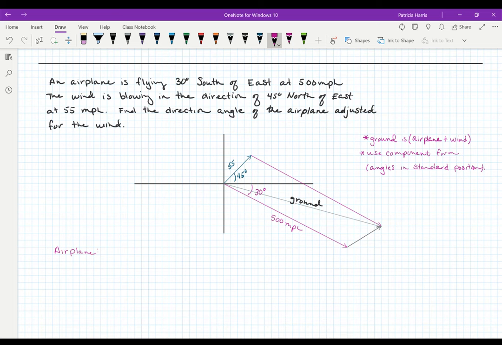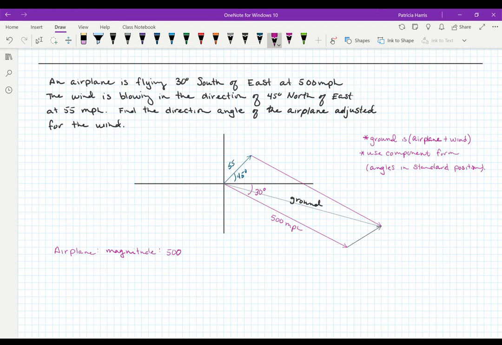Our airplane has a magnitude of 500 miles. Now, our angle given is 30 degrees south of east.